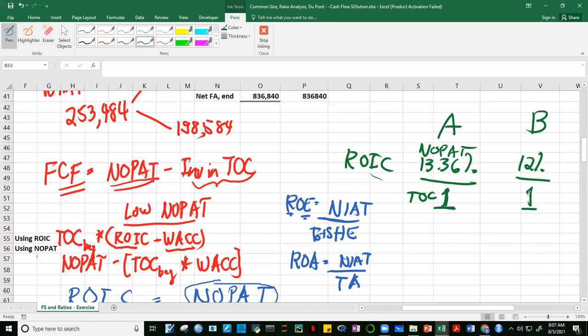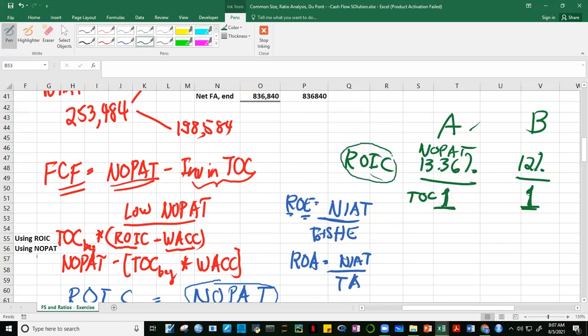For Company B, for every 1 peso of operating capital, they earned only 12 centavos. So based on ROIC, A performed better than B, because A generates a larger return per operating capital than B. So we can compare whether A is better than B or vice versa using ROIC.